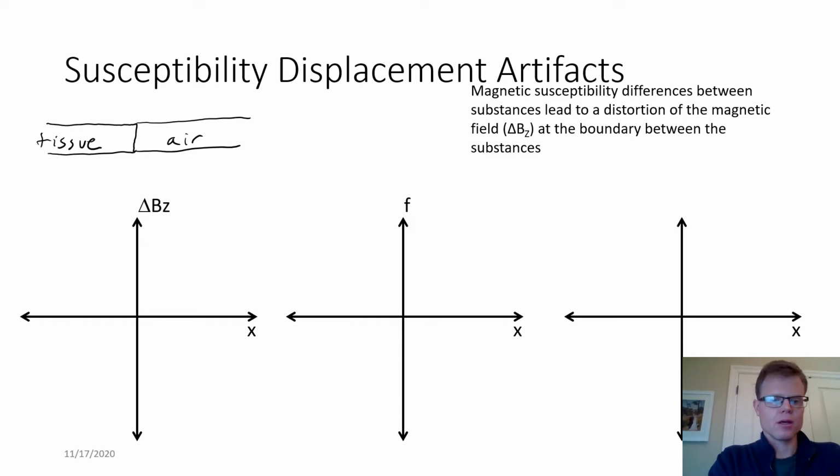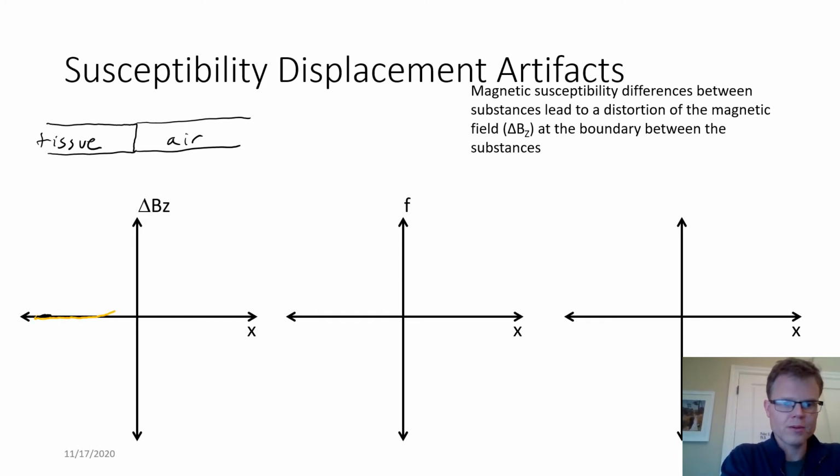Okay, and what this means is that there's a change in the Z magnetic field right at the interface. And the sign of this change depends on the orientation and the tissue of the magnetic field. Basically, there's a distortion of the magnetic field right at the boundary here.